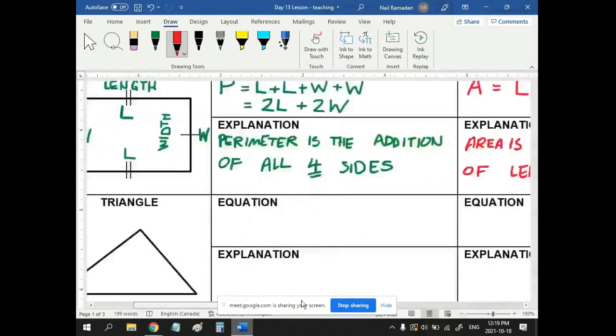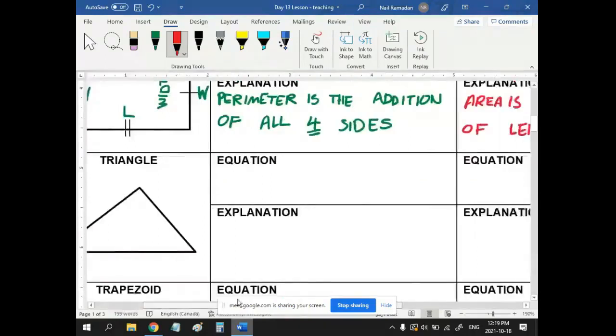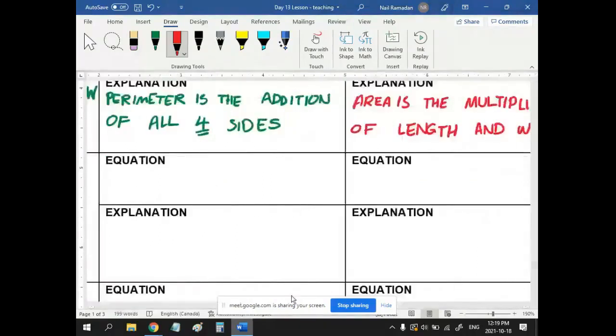Okay. Just one second. Don't worry. Here you go. Area is the multiplication of length and width.